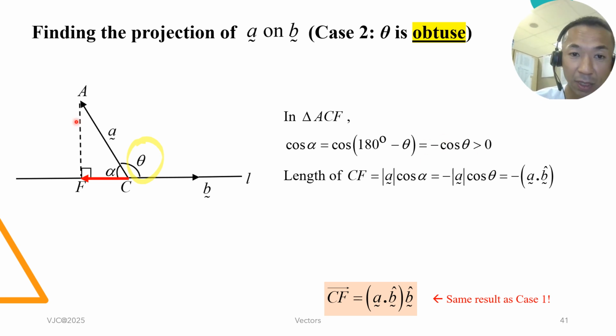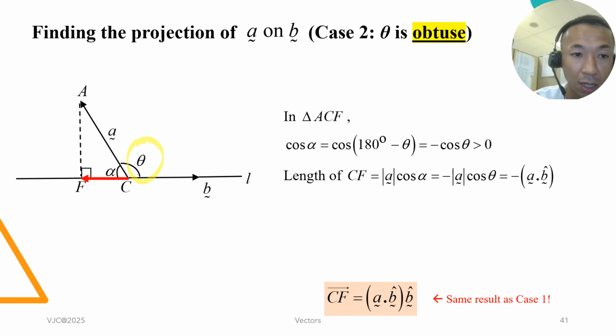Now, in this triangle, the length of CF, again using the idea of mod A cosine of this acute angle, is actually negative of mod A cosine theta, the same process that we have done earlier.